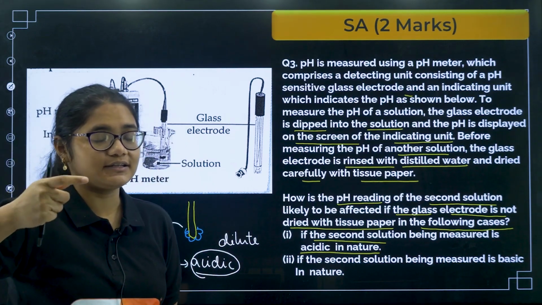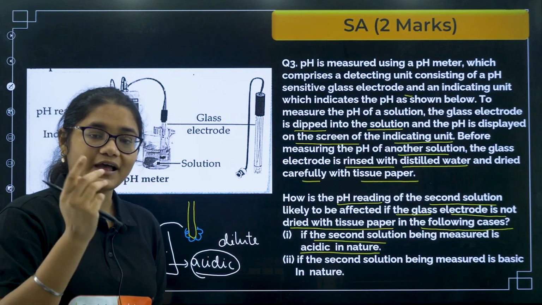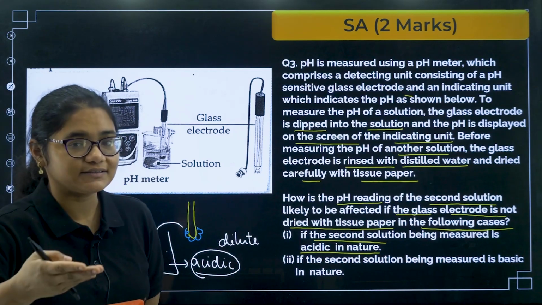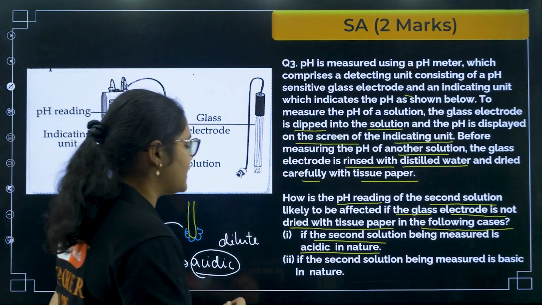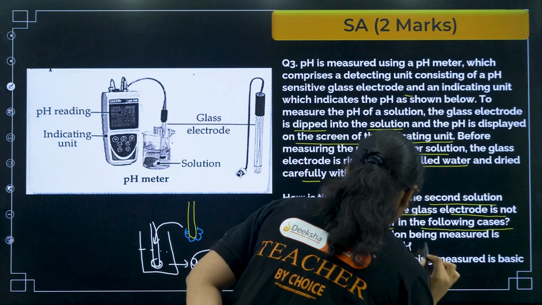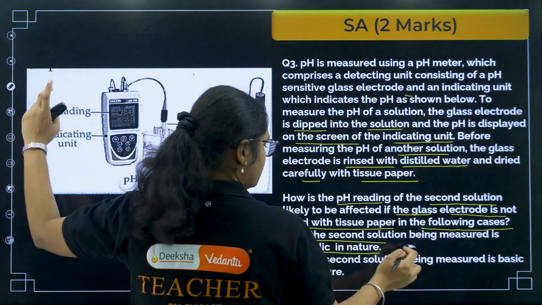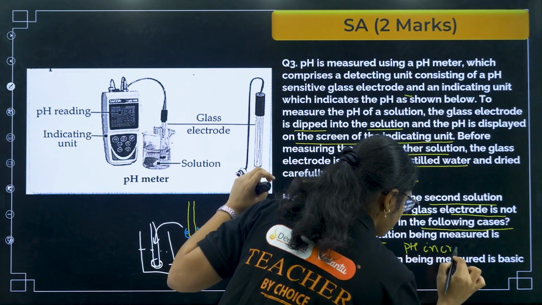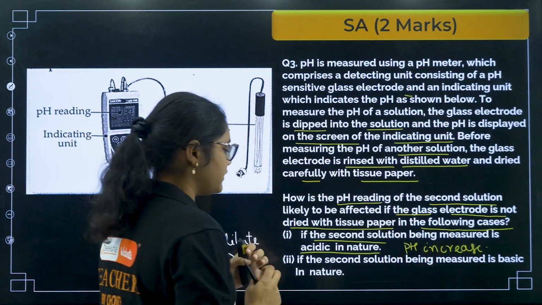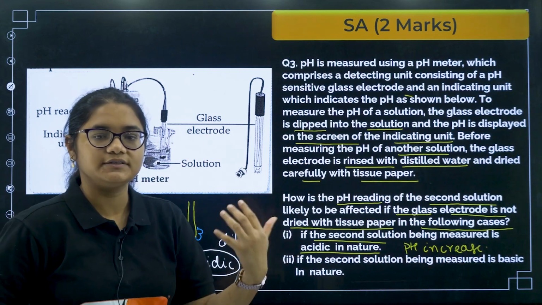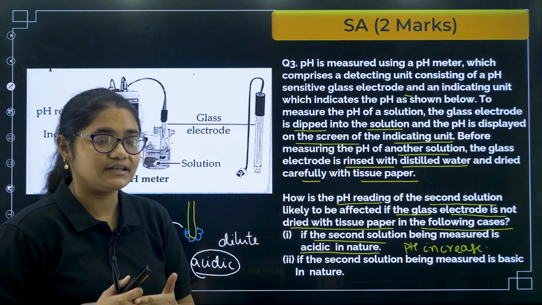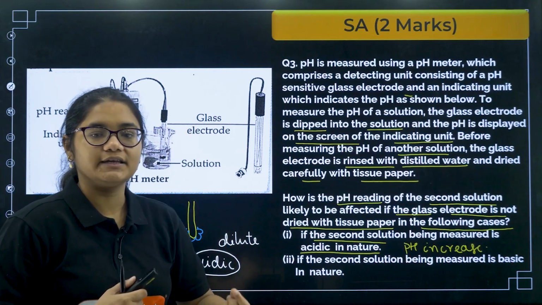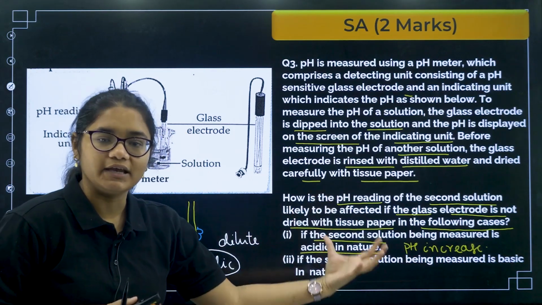If the acidic nature decreases, what will happen to pH? We know if acidity is high, pH is less, but if acidic nature decreases, pH will increase. So the pH will increase. The reason you can write: when you dip it, the acidic solution is diluted, as a result of which the acidic nature becomes weaker, and that is why the pH increases.